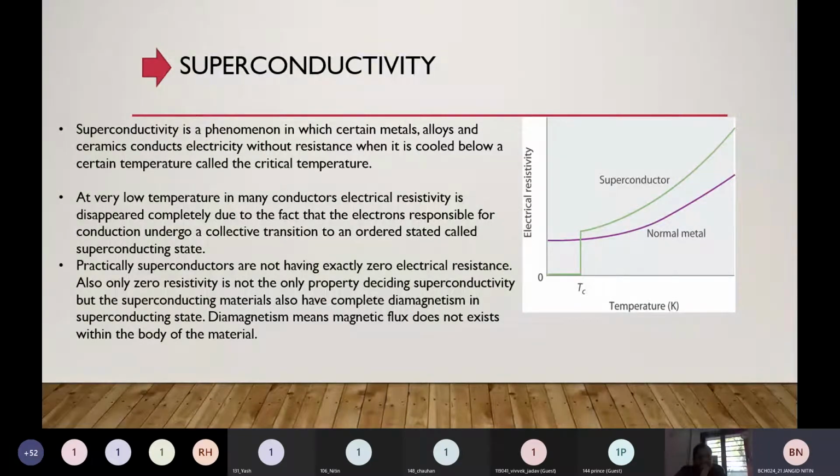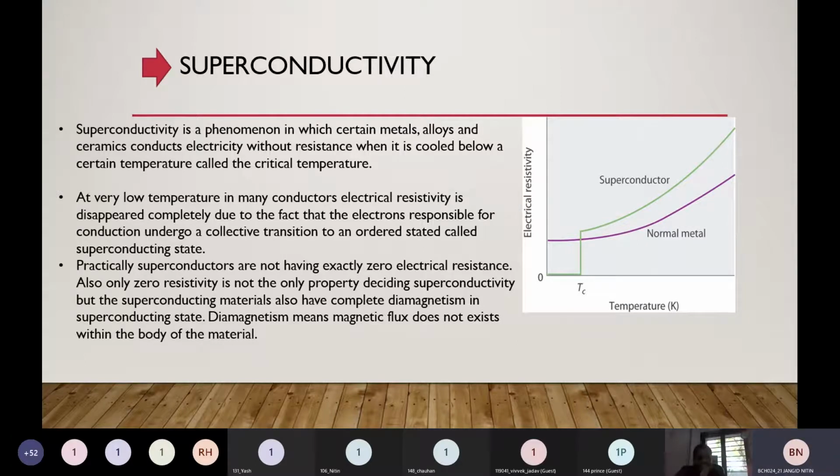Also, zero resistivity is not the only property defining superconductivity. A superconductor should also show complete diamagnetism in the superconducting state. Diamagnetism means the magnetic flux does not exist within the body of the material.